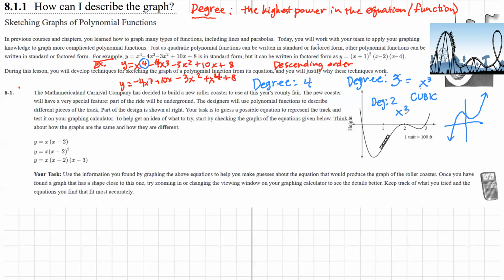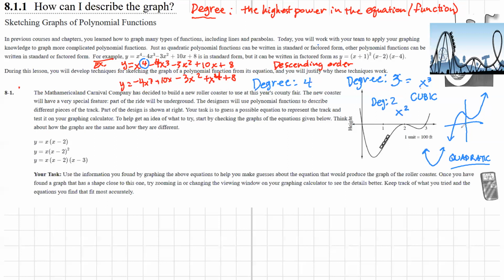If it's got an x squared, that means it's a quadratic, right? So it's going to be a parabola. So the degree tells us a lot about the function. It tells us how many curves there are.